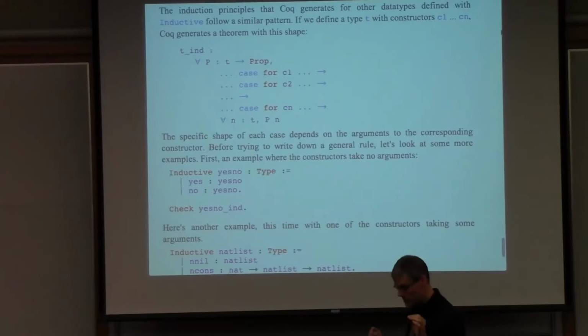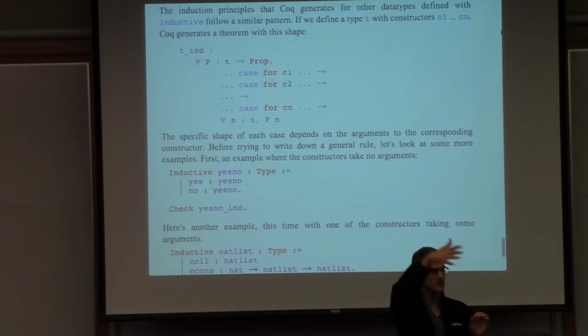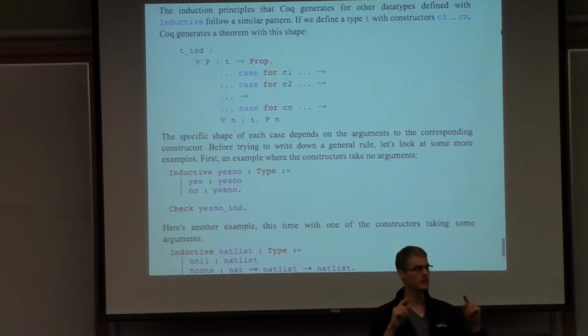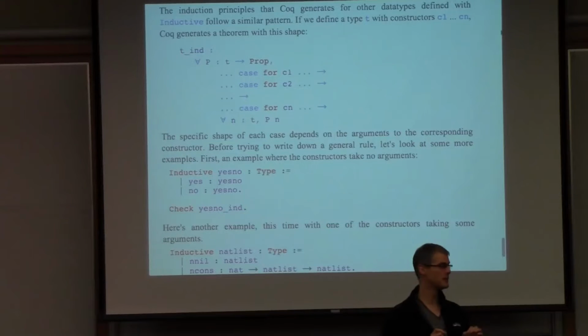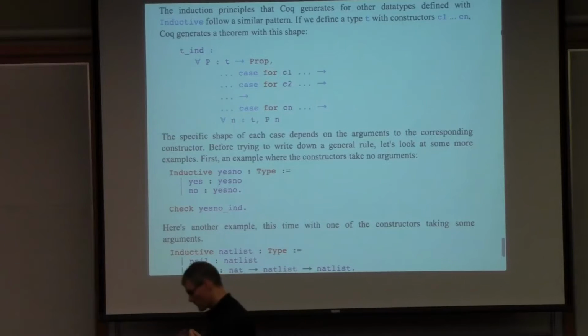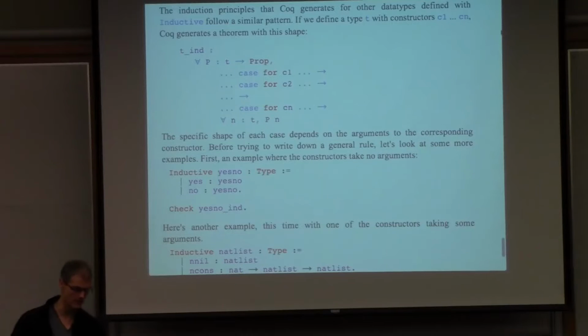So for a given constructor C, it takes some arguments. Some of those arguments will be instances of the same inductive type. For example, with the inductively defined list type, the cons constructor takes two arguments: one is a number, the other is a list.